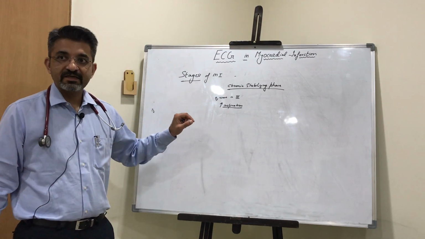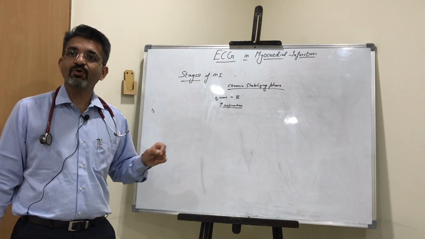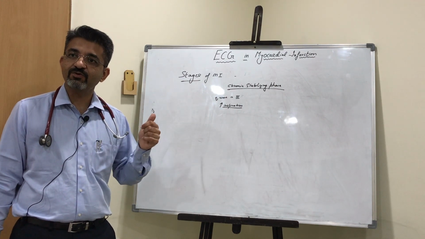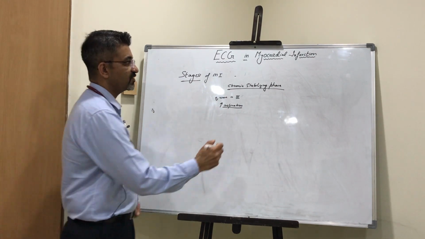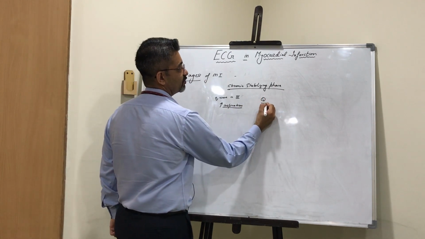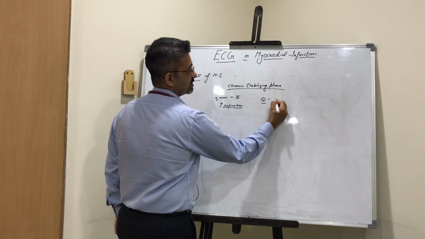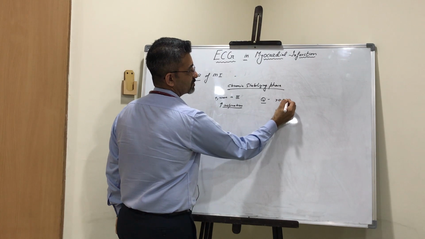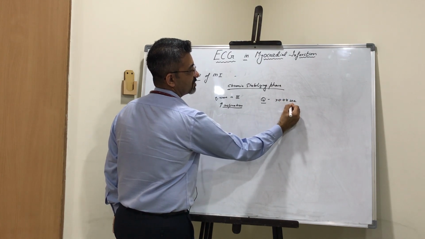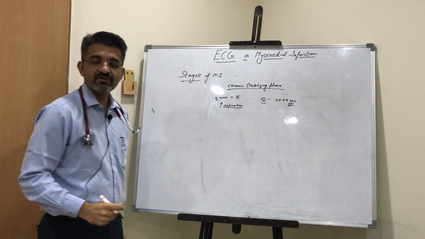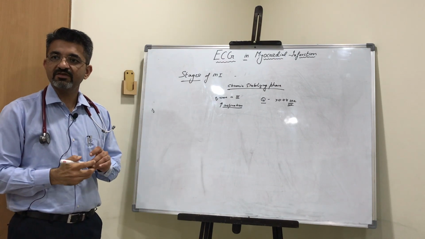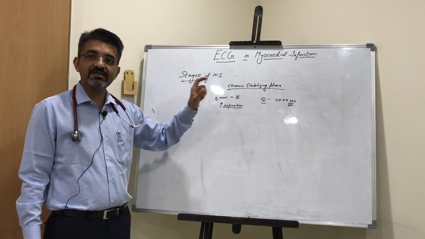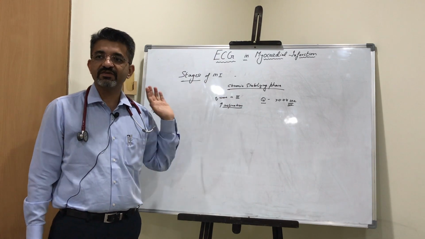How do you say that a patient suffered from an old MI, old inferior wall MI, just by looking at the Q wave? If the Q wave duration is more than 0.04 seconds in lead 3, it tells you that the patient probably had an inferior wall MI.